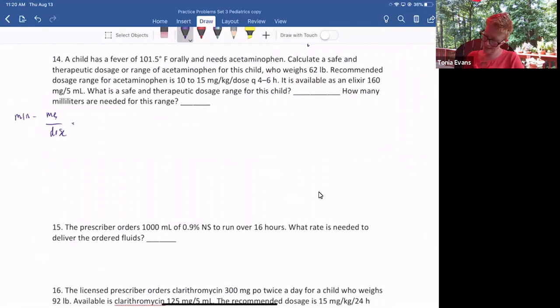Minimum is 10 milligrams per kilogram per dose. You see this one's in per dose, not per day. We have milligram, we have dose, all we need is kilograms. We need kilograms in the denominator and our weights in pounds.